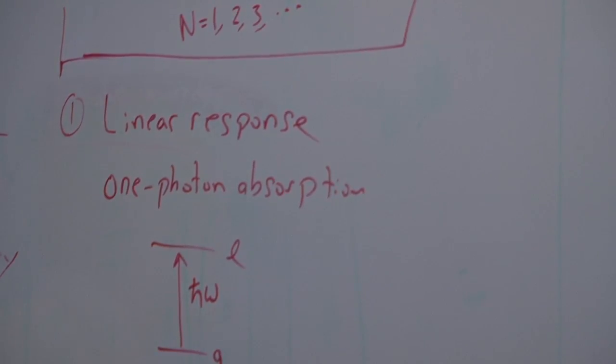Okay, so that's the process we're treating, which you know how to do already. But once you see how to do this one, then immediately you can generalize it to higher orders.